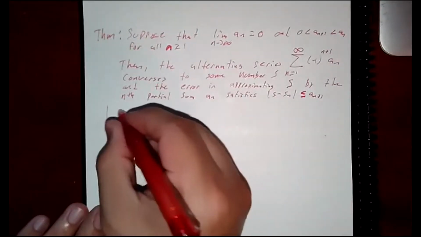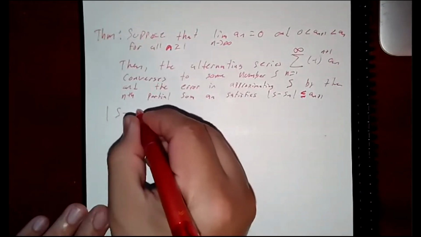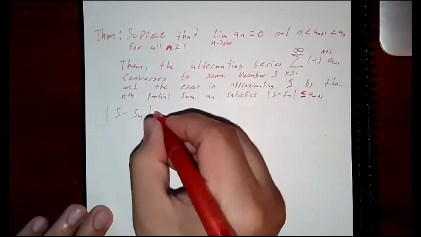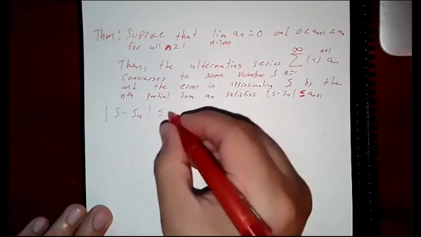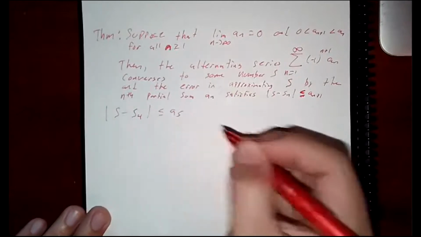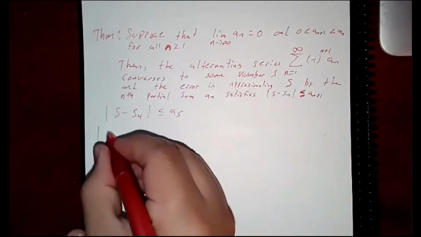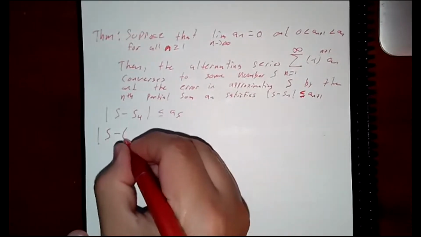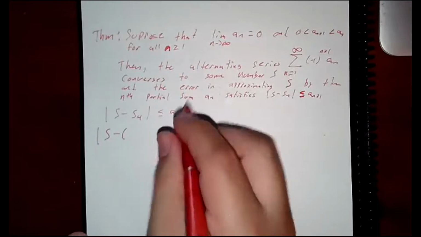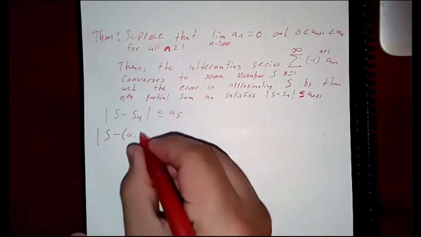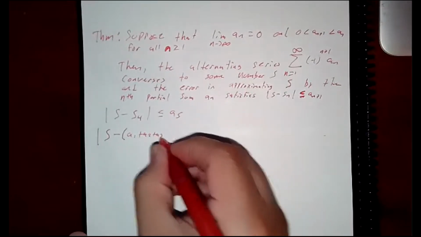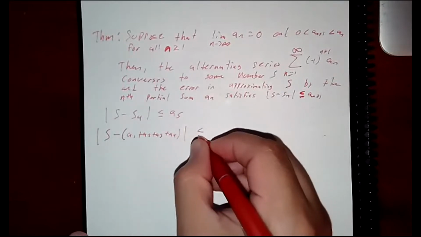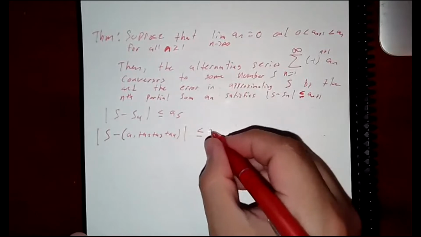Okay. S minus S4 would be less than or equal to a5. And what I mean by that is the partial sum, S minus all the sums up to 4, a1 plus a2 plus a3 plus a4, would be less than or equal to a5.